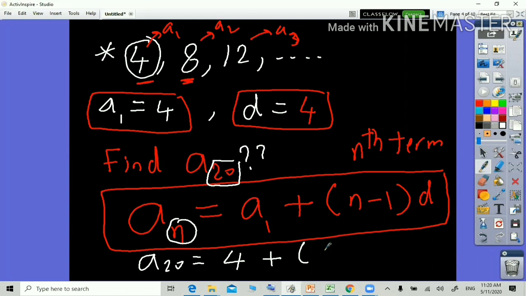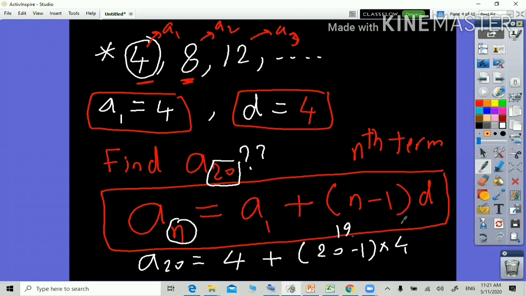So I will write 20 minus 1 times d. What's the difference? The difference is 4. Calculate that. 20 minus 1 is 19. Who can tell me how to calculate this? Will I say 4 plus 19 first or 19 times 4 first?